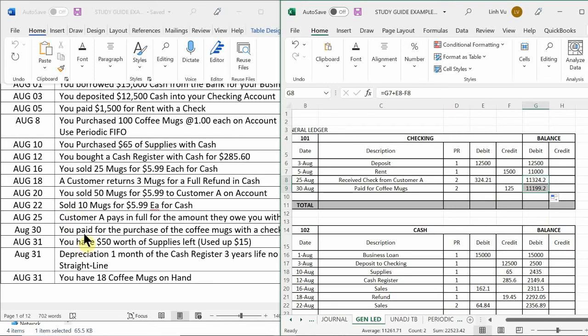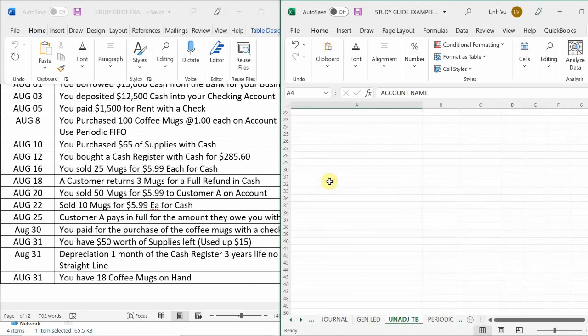All right. So then the next scenario says that on August 31st, you have a total of $50 worth of supplies left on hand. Those are called adjustments. So in this case, let's complete my unadjusted trial balance first and then proceed to the rest.